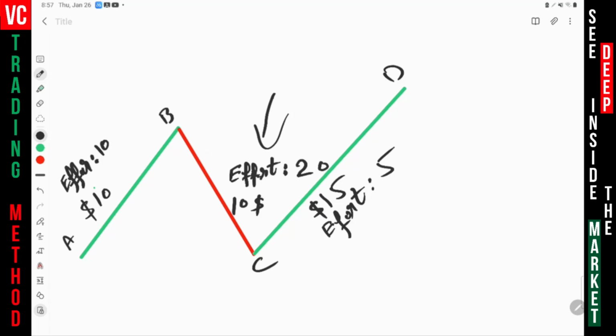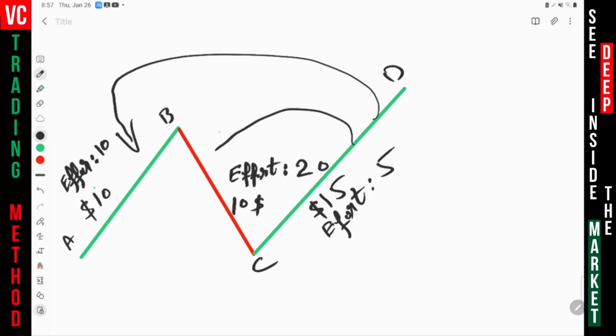What is it indicating to you? If you compare this to this, and this to this, non-continue, less effort, more result. It means the market will move in the same direction.